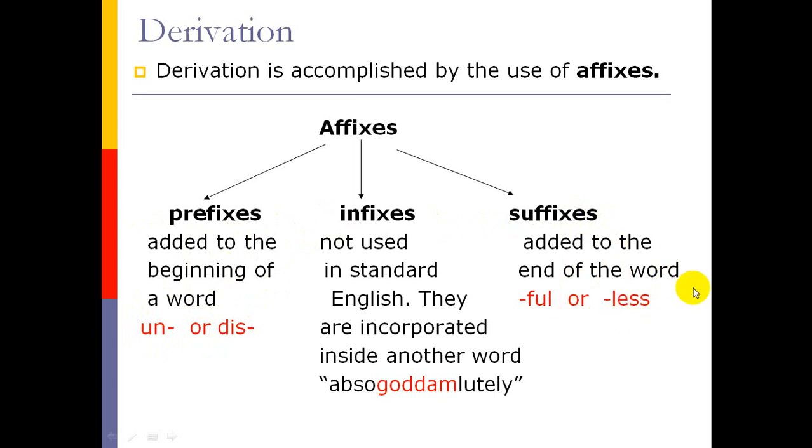Infixes, which are not used in standard English, are incorporated or inserted inside another word. So they fall in the middle of the word, like abso-bloomin'-lutely. We have many more examples, actually. Unfortunately, infixes are not used in standard English, okay?